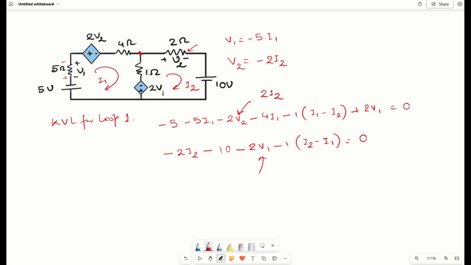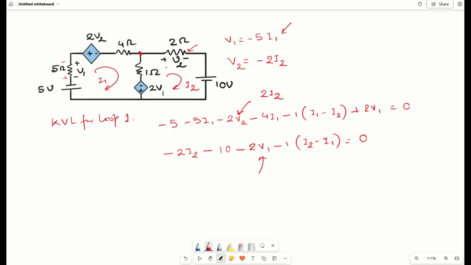So the voltage drop across this should actually be minus of 5i1 in the clockwise direction, but since it is in the reverse direction, it will be plus 5i1. Accordingly, as per our directions this should have been plus 5i1, but due to this negative polarity it will be considered as minus of 5i1.